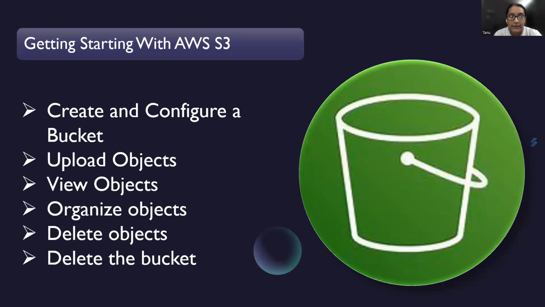After that we upload the object. An object is a file or folder which is stored in the bucket. After that, we view the object, organize the object, delete the object, and delete the bucket. Now I am giving the live demonstration of how to learn this and how to configure AWS S3.